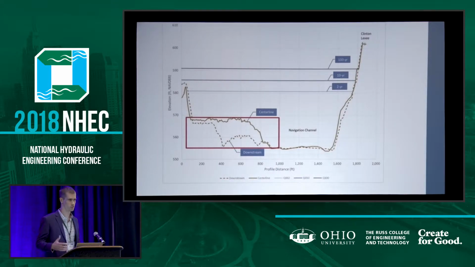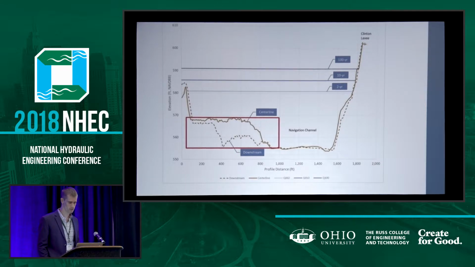So this is just to give an overall idea of what the scale of these features are. The heavy brown line is the center line of the wing dam, and the dashed brown line is downstream of that. Again, you can see it's about 10 feet tall, and we're showing the 2, 10, and 100-year water surface elevations.